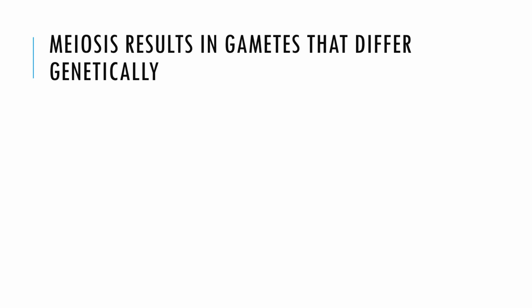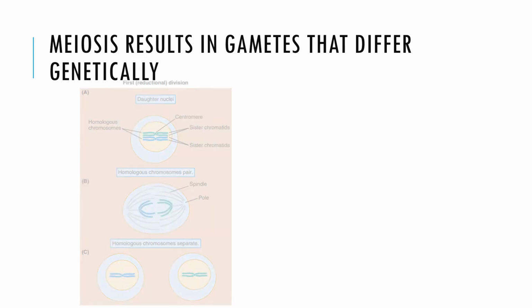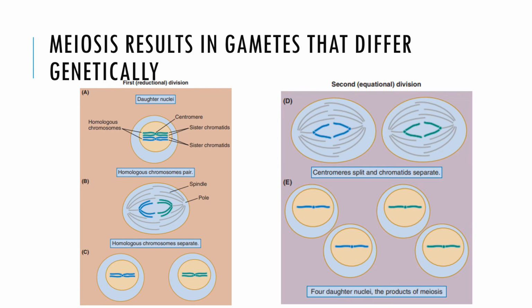Meiosis consists of two successive nuclear divisions. The essentials of chromosome behavior during meiosis are outlined in this figure. Prior to the first nuclear division, the members of each pair of chromosomes become closely associated along their length.